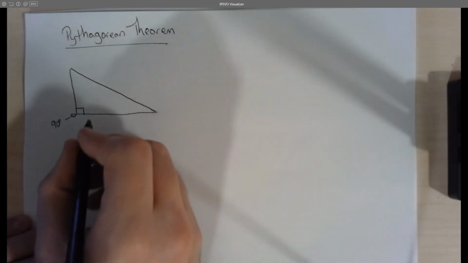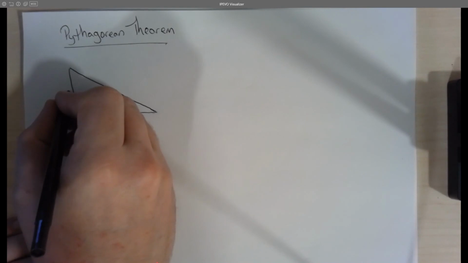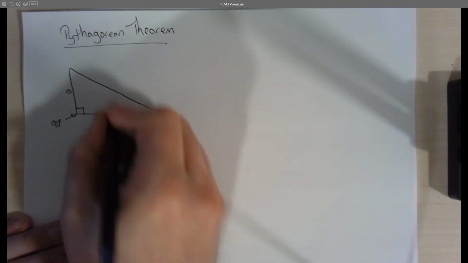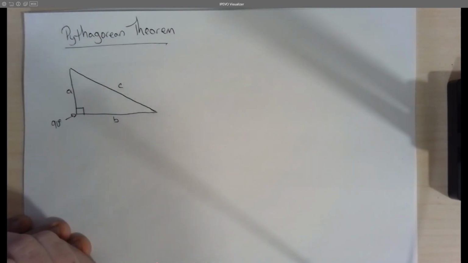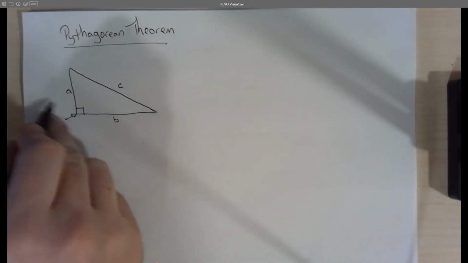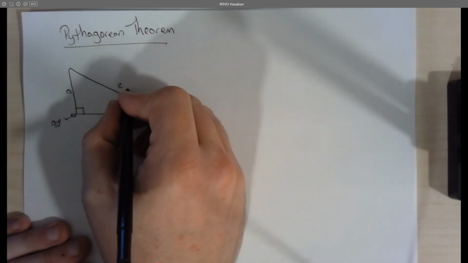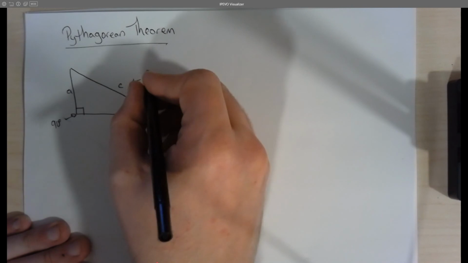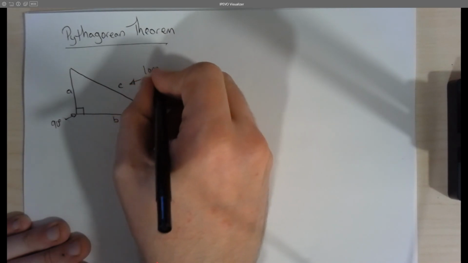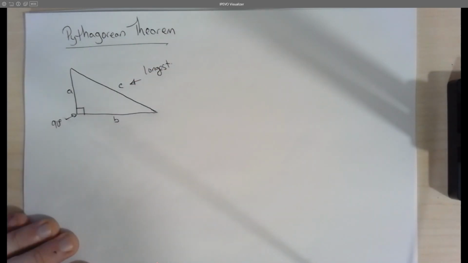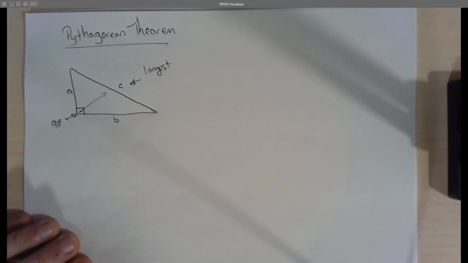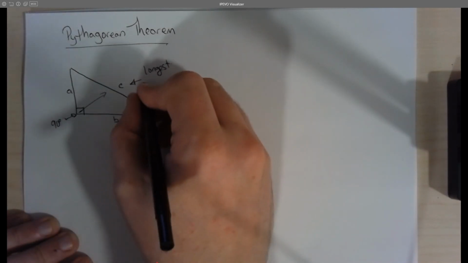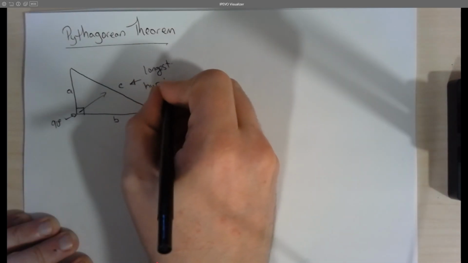So with this bit of information, we have different side lengths, let's say A, B, and C. It really doesn't matter about A and B, but C here is always the longest. The longest side length is always going to be opposite that right angle, and it has a special name, which we call the hypotenuse.